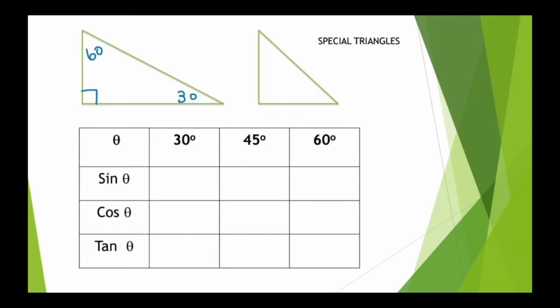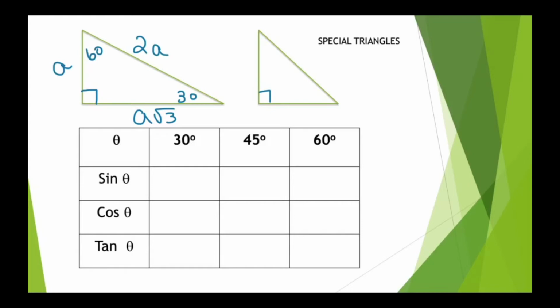The ratios for a 30, 60, 90 triangle work out like this. If I have any number, and I know that, and it's the opposite of that 30, if I double that, I will get the hypotenuse. If I take that value and I multiply it by the square root of 3, I will have the opposite, the 60.